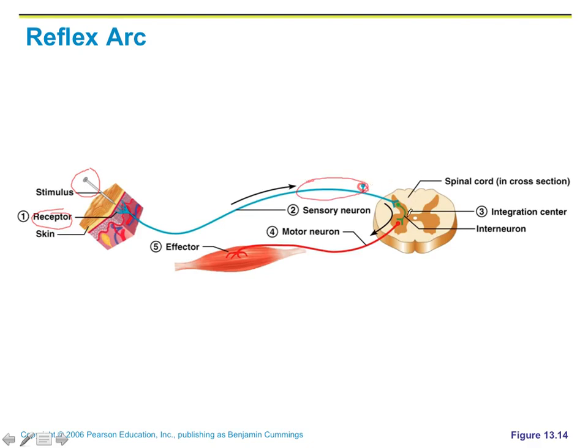Then we have the integration center, which is another neuron in the central nervous system, in the spinal cord. It analyzes this impulse and makes the command impulse. The command impulse is transferred to the motor neuron, and the motor neuron sends it to the effector, such as a muscle.